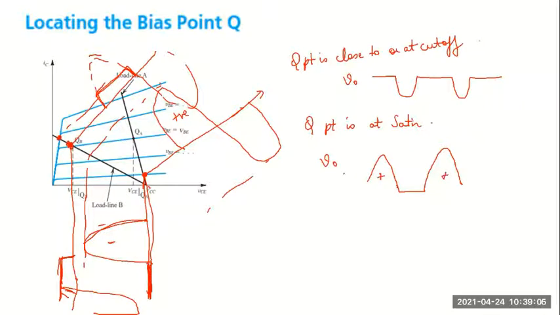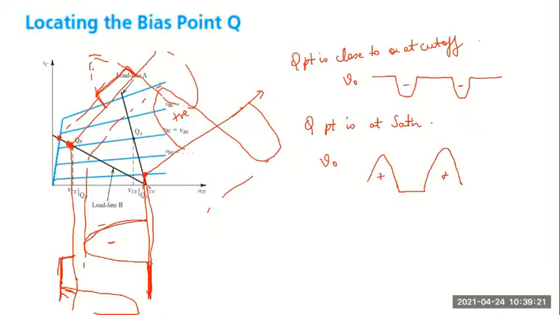Okay, here we are talking in terms of voltage. During Q point being at cutoff, negative half cycles of output voltage will be there, positive portions are removed, and the vice versa is true.